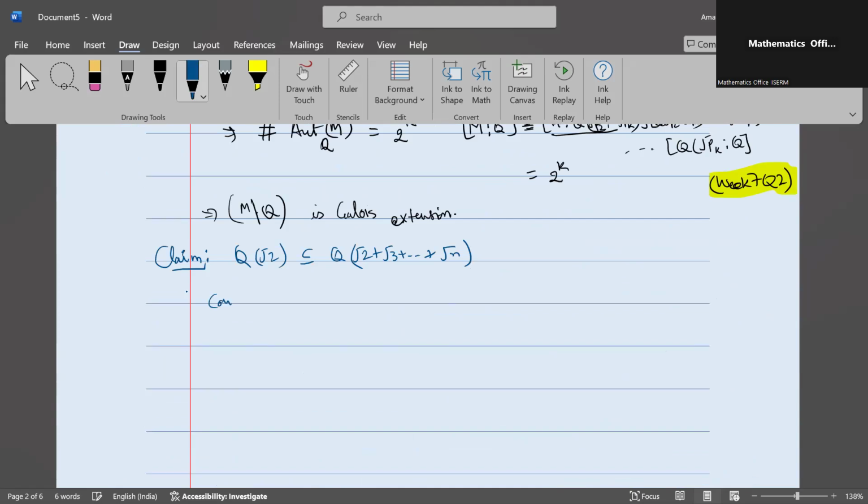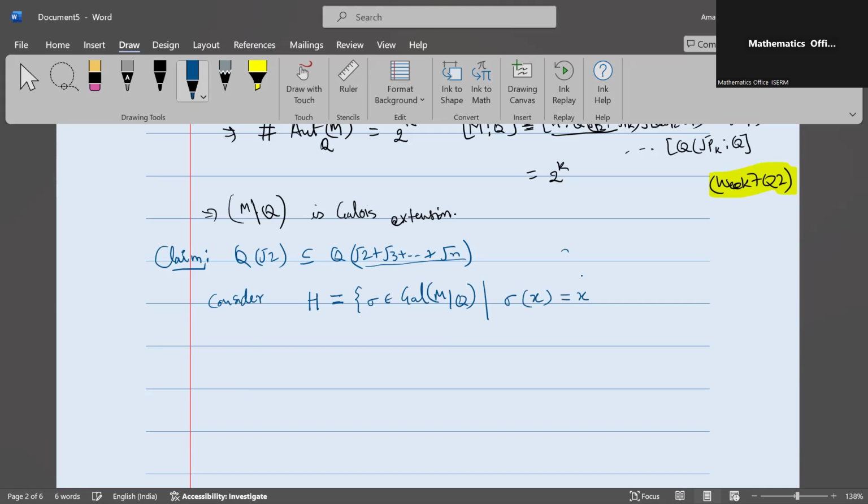Consider H, which is a subgroup of the Galois group Gal(N over Q), such that sigma fixes x, sigma of x is equal to x, where we are not forgetting what x is.